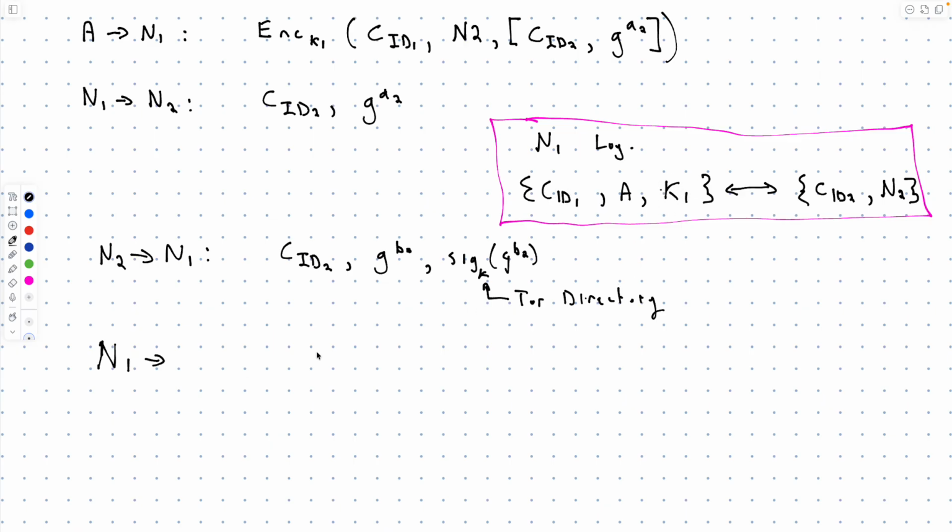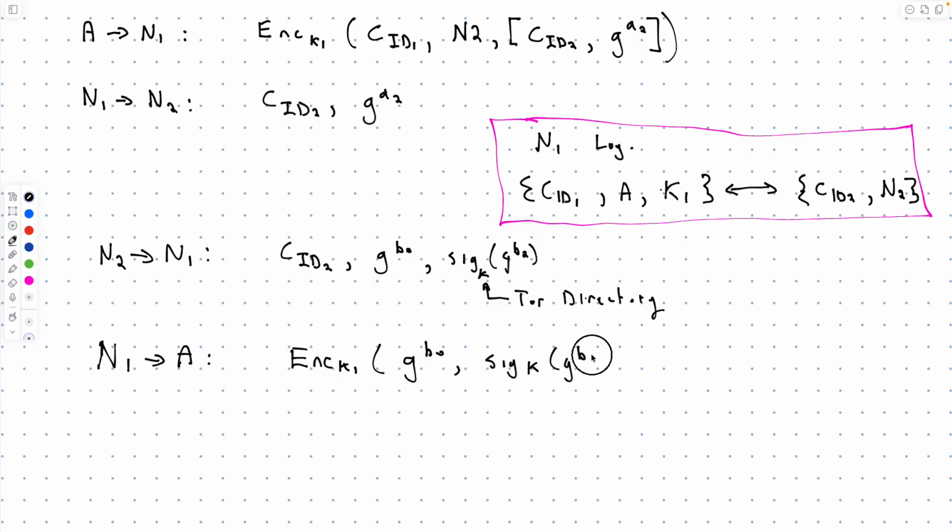So now it can fill in Alice's name. It knows where it's going. It can encrypt all of this stuff. It can drop CID2, because Alice doesn't need to know that anymore. So it can just send G to the B2 with the signature.